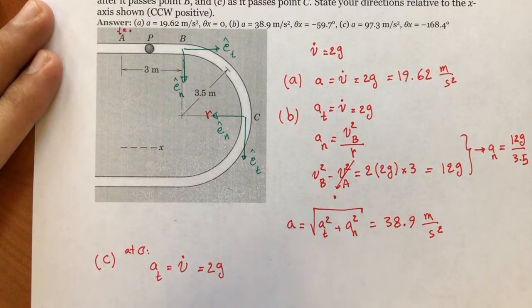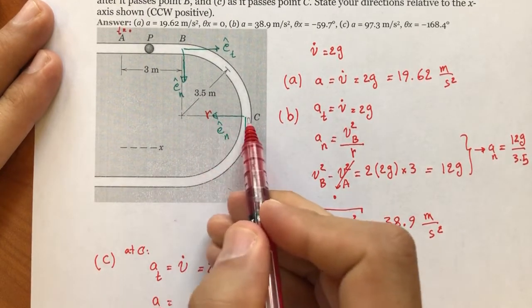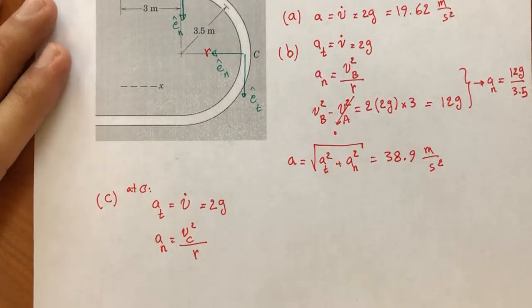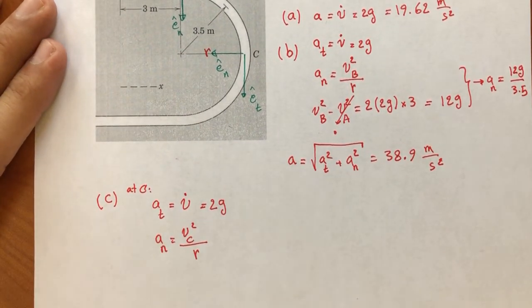It is 2 times g. And acceleration in the normal direction at this point is equal to velocity at this point squared divided by the radius of curvature, which is r here. So I need to find the velocity at this point.